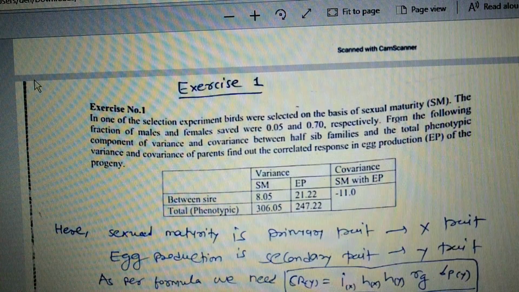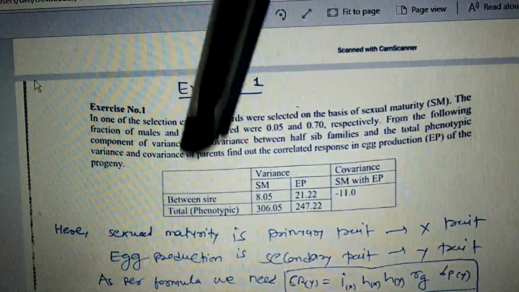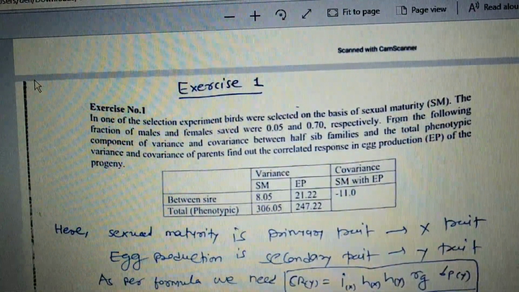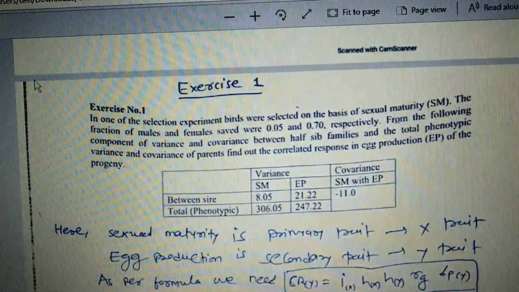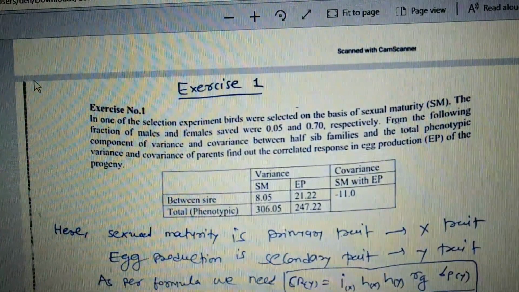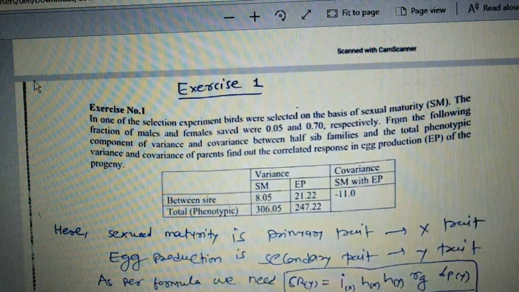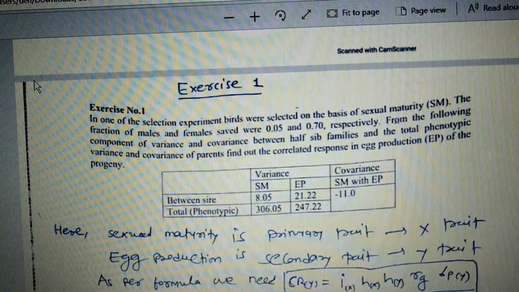So egg production is our secondary trait. These values are available directly in the form of variance and covariance, so there is no need to find the MSS, because this is already the mean sum of squares value.